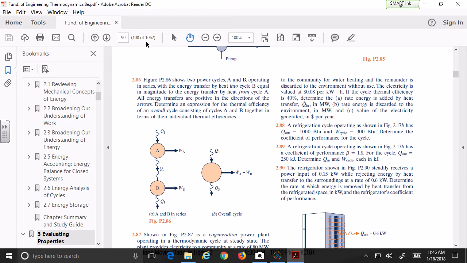The second one, I think, means if you have A plus B. So they say operating in series, with the energy transfer by heat into cycle B equal in magnitude to the energy transfer by heat from cycle A. All energy transfers are positive in the direction of the arrows. Determine an expression for the thermal efficiency of the overall cycle consisting of cycles A plus B operating between Q1 and Q3. Okay.